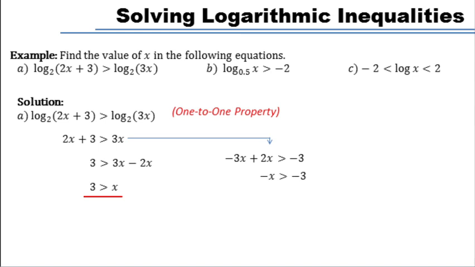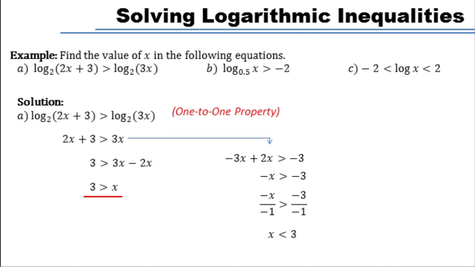Negative x is greater than negative 3. And we can divide by negative 1 on both sides so our x becomes positive. So, negative x over negative 1 is greater than negative 3 over negative 1. What remains is x is less than 3.